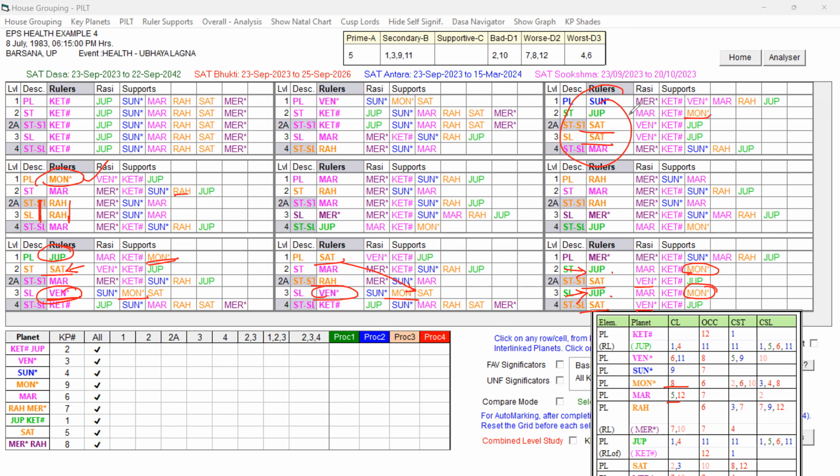So that Sun Bhukti under Jupiter will give trouble, but it will give recovery also, because the favorable key planet Jupiter is playing a role here and here, forming a ruler link. At all levels Jupiter is passing the ruler link.